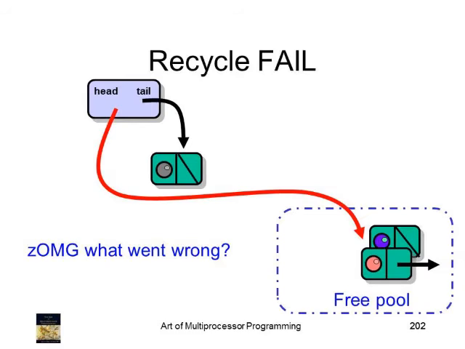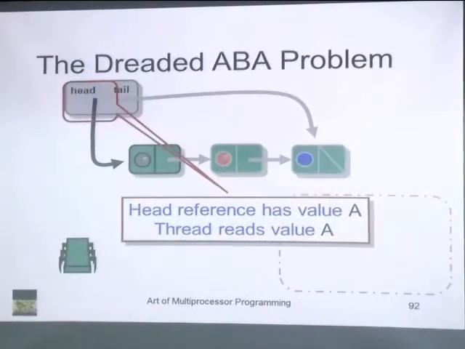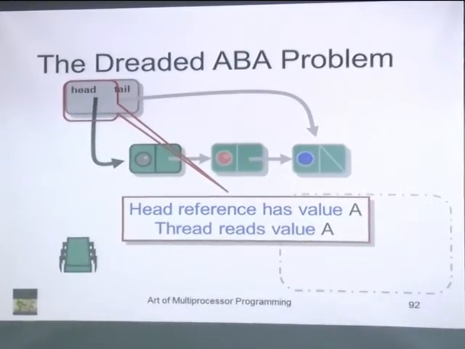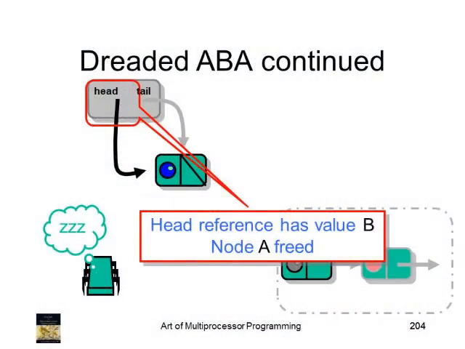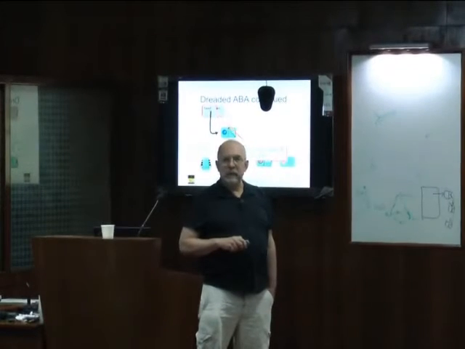So what went wrong? This is called the ABA problem, and you see this a lot in concurrent data structures. The head reference here is value A, and the thread reads value A. Later on, the head reference has value B, and node A is freed. And while it's freed, its meaning changes.